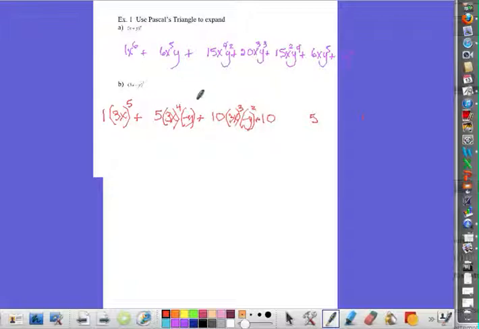Then I'm getting 3x squared negative y cubed. Then I have a 3x to the 1st and a negative y to the 4th plus, and then I have negative y to the 5th.